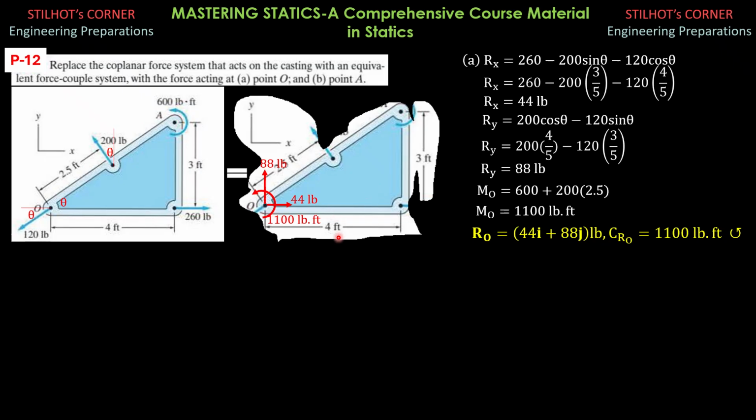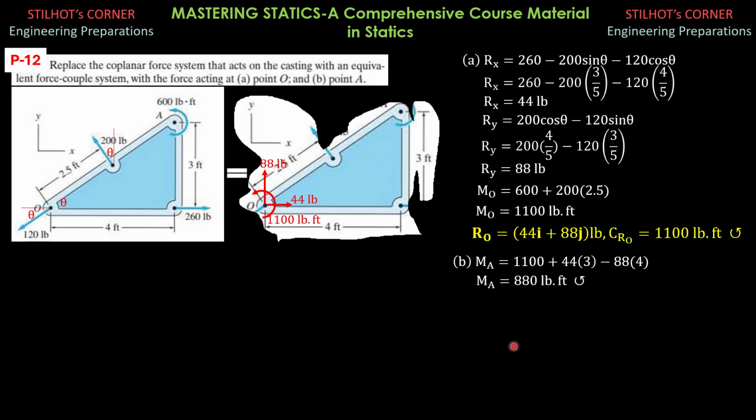That horizontal distance is 4. So MA equals 1,100, plus 44 times 3, then minus, clockwise, 88 times 4. So MA equals 880 pound-foot.